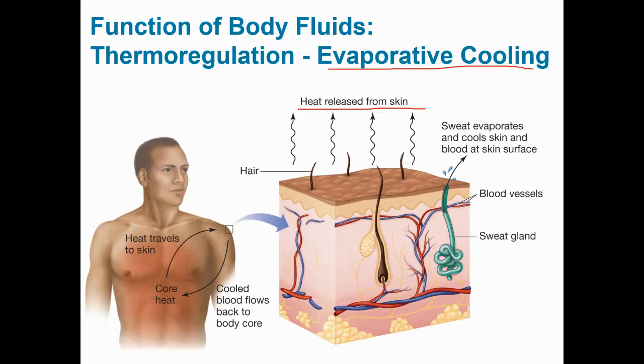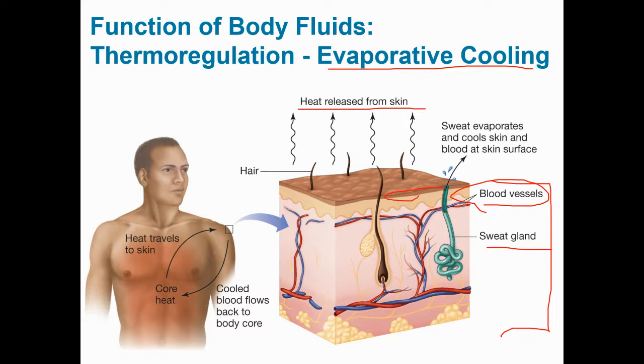So again, this is looking at your skin, and you can see we've got sweat glands, right? So the sweat glands will secrete water, and as that water sits on the surface of our skin, it will evaporate. And then again, blood vessels that are circulating close to this skin, so the skin will cool as the water evaporates.